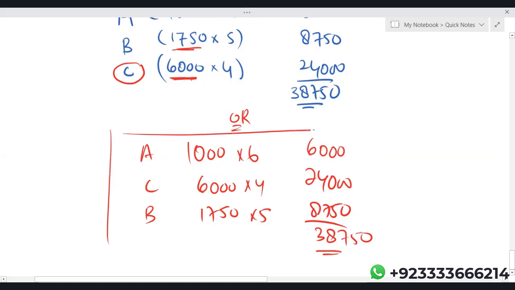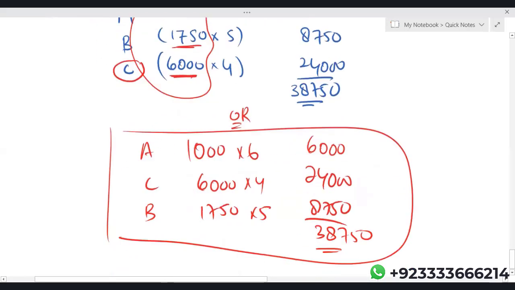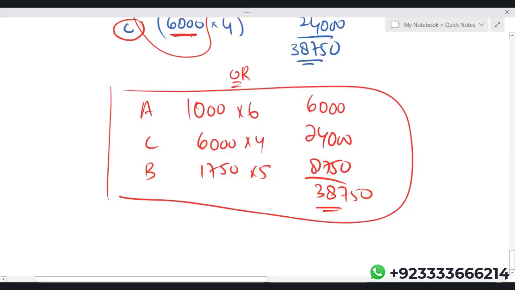Either you are calculating maximum contribution like this or just doing ABC, no issue at all. The main thing is how you have calculated how many units will be produced. That is the main thing. So when we are calculating the maximum contribution, presentation should not matter. Either you are writing ABC or someone is writing ACB, in both cases your total maximum contribution will remain the same.